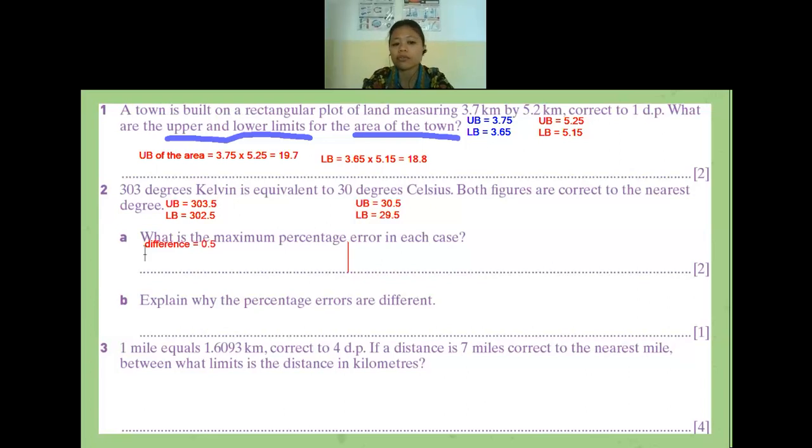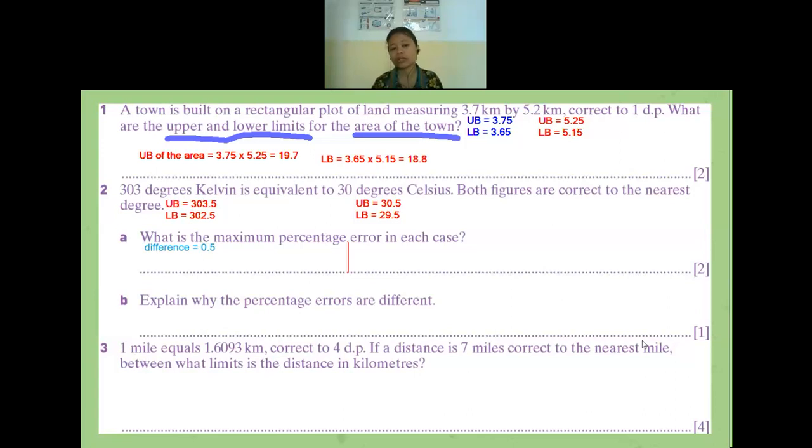Is anyone confused about finding the difference? To find the difference, you just need to subtract. I told you, to find the percentage of error, you just need to find the difference between the number given and its upper bound or its lower bound.